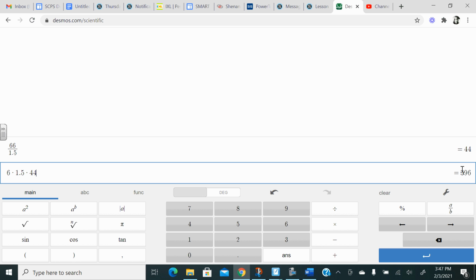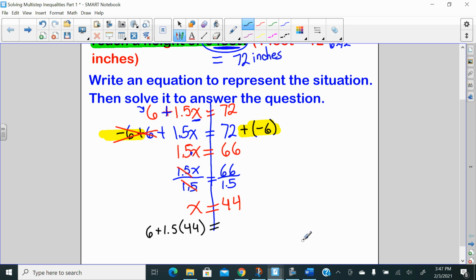Oh, well, see, if you use the wrong sign, things don't work so well. So I'm going back over here, and this times sign, I'm going to backspace and make it a plus, and that's giving me 72. Sometimes when things don't work out, it's because you typed it into the calculator wrong. But that checks out. So I have the right solution.